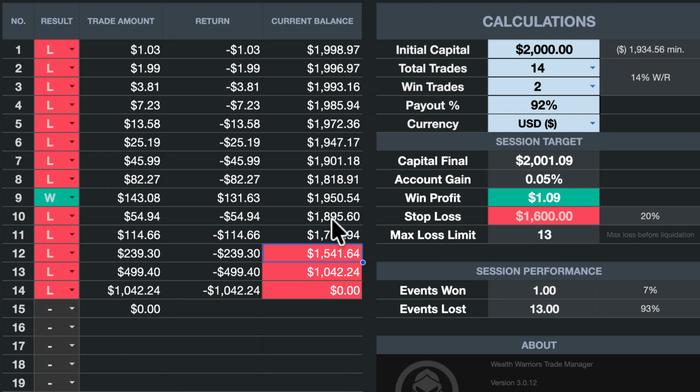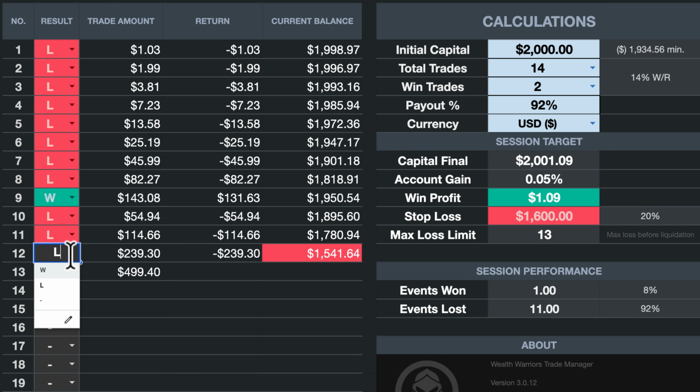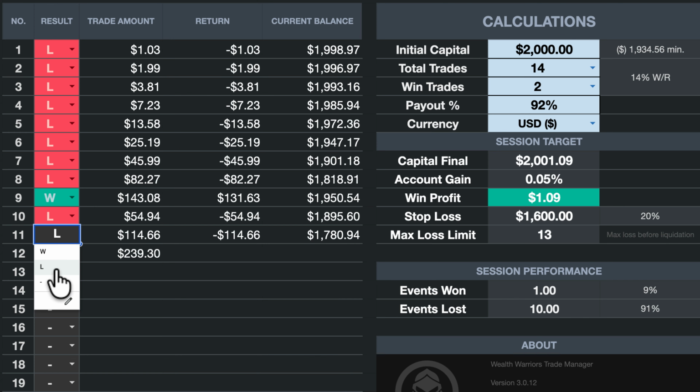The worst case scenario for me would be hitting that 20% drawdown. I'm out. I'm done. But if I have the settings to win 2 out of 14, that's not as likely to happen for me if I stop trading after my first win.